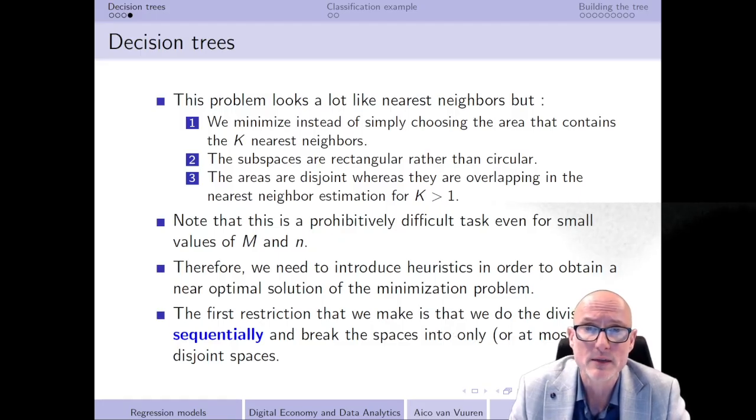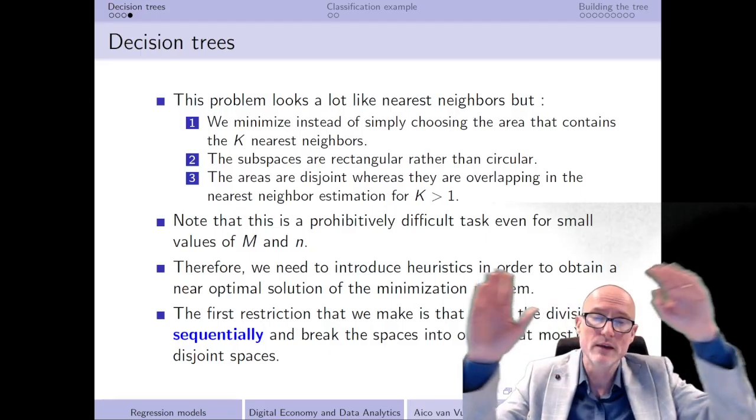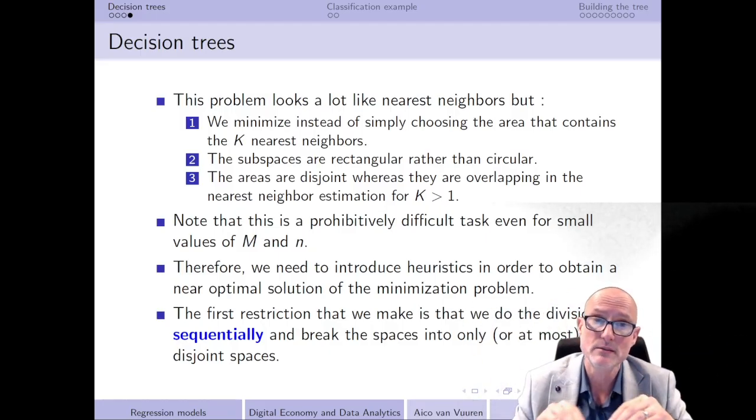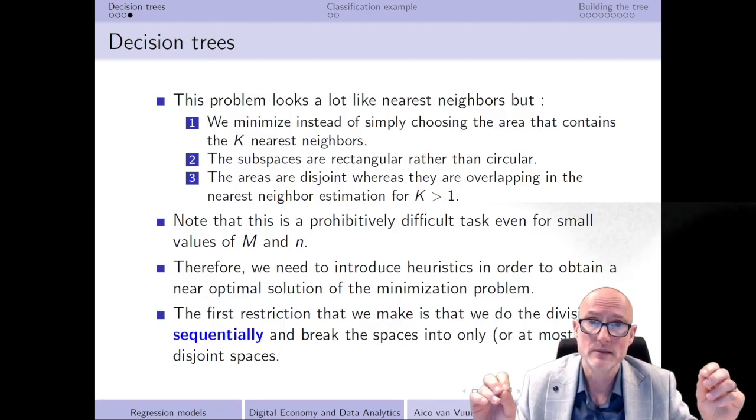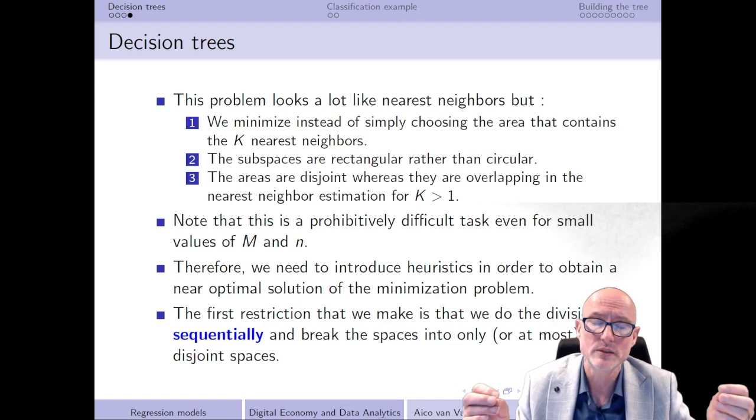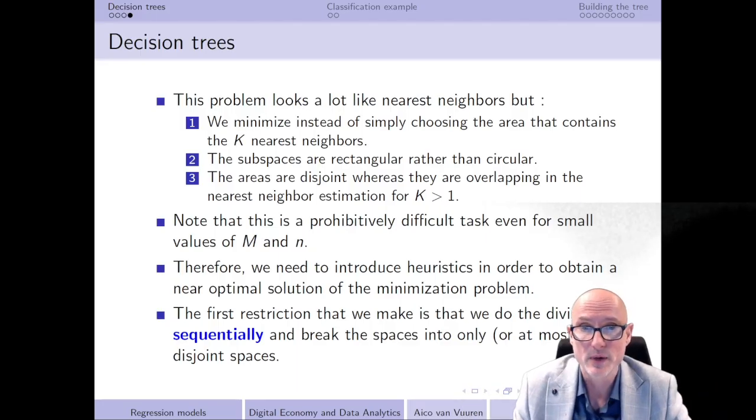So first we have the full feature space, and then we break it up into two disjoint subspaces. Then we can break these two disjoint subspaces up into four different subspaces, and then of course 16, etc. That is the whole idea of this heuristic that we're going to follow.